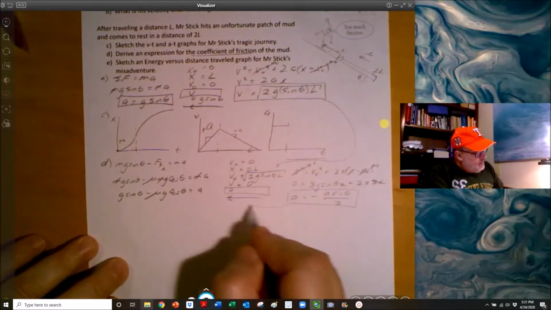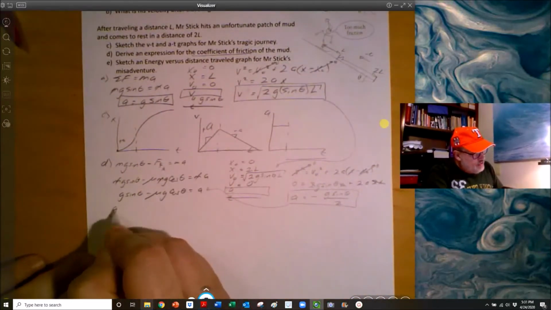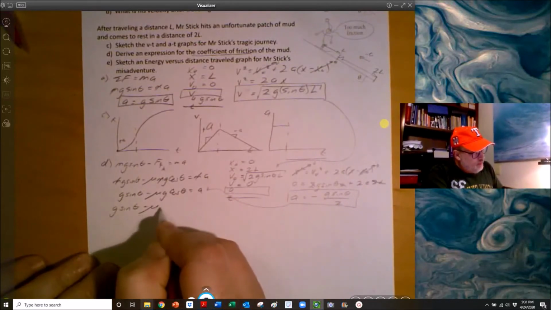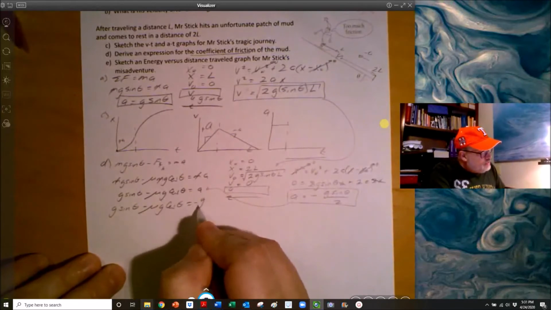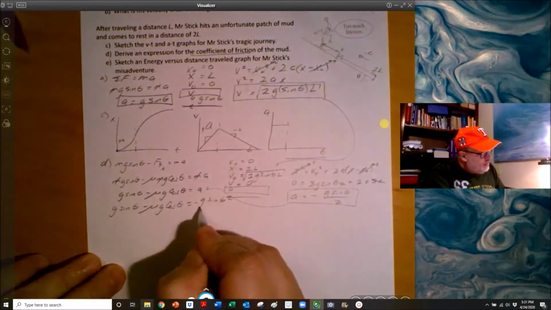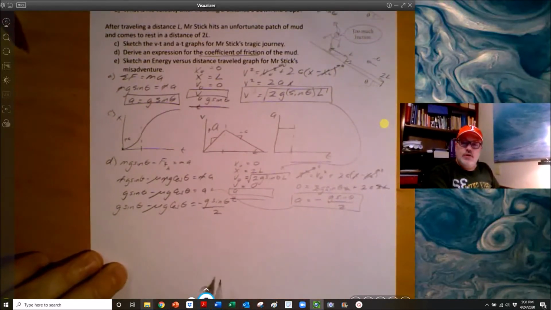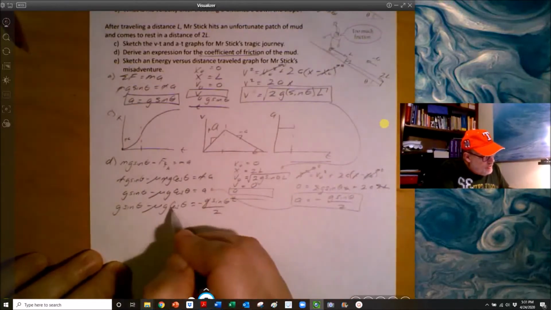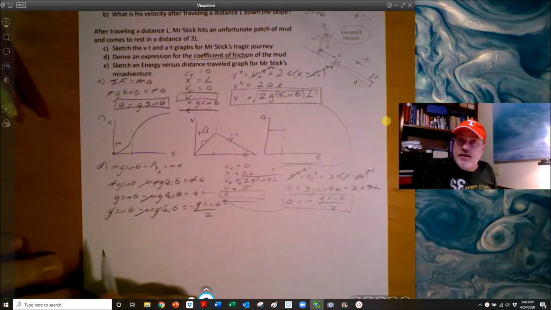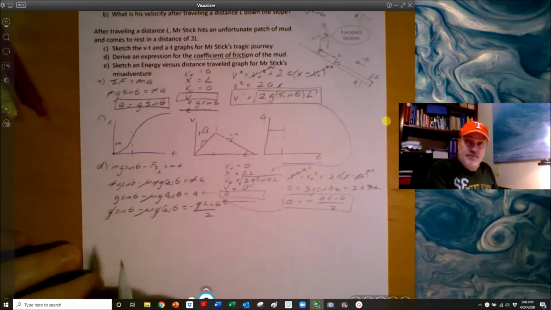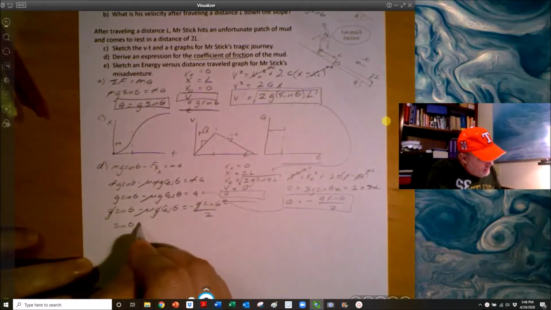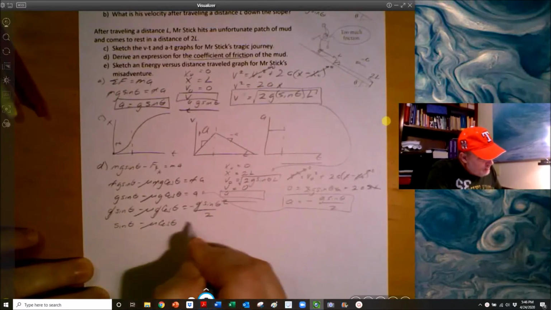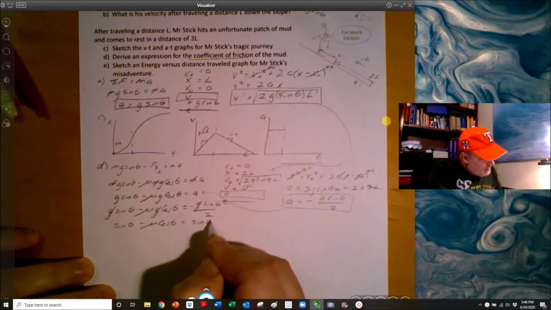All right, now I'm going to take this and plug it in here, and I'm going to get g sine theta minus mu g cosine theta equals negative g sine theta over 2. And a little bit of mathematics occurs. Our g goes away. All right, let's rewrite our equation because this is starting to mess me up a little bit. So here we go. I'm going to get sine theta minus mu cosine theta equals negative sine theta over 2.